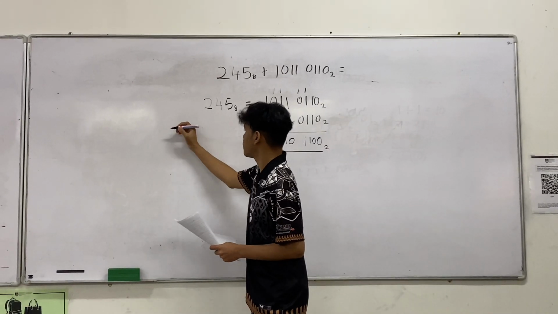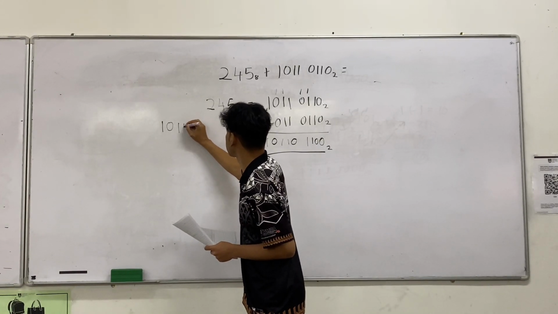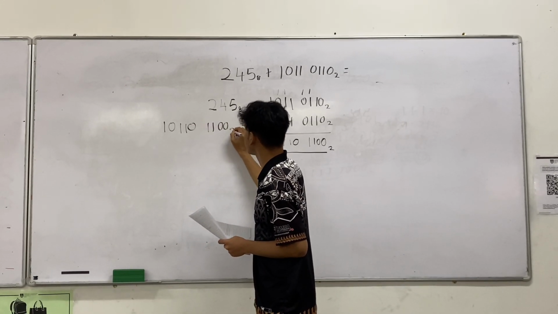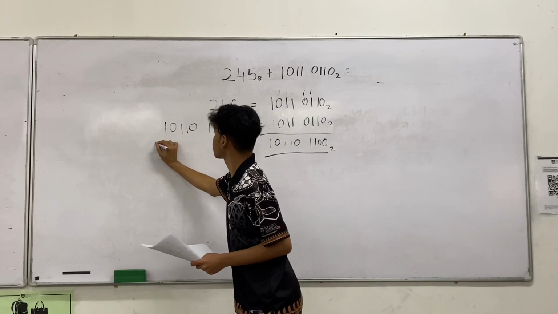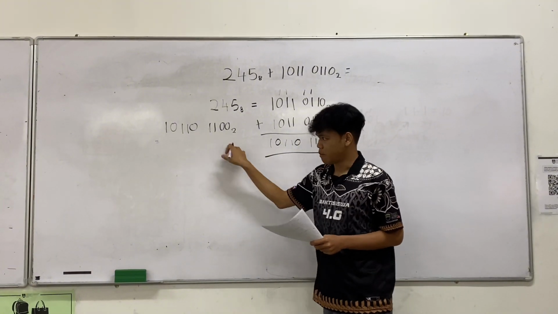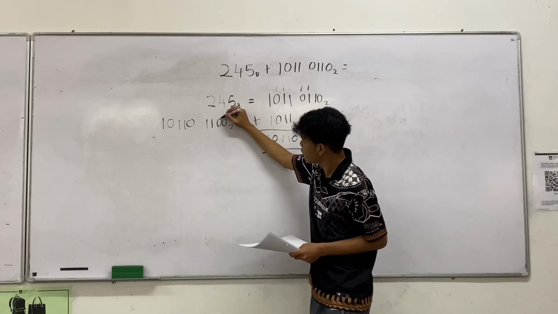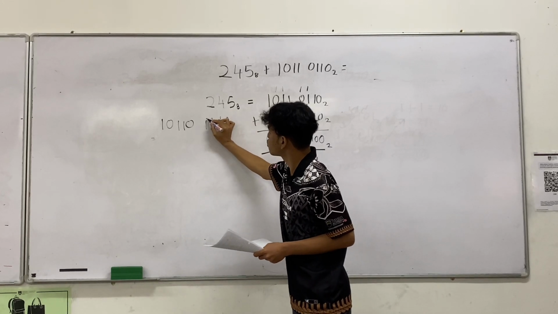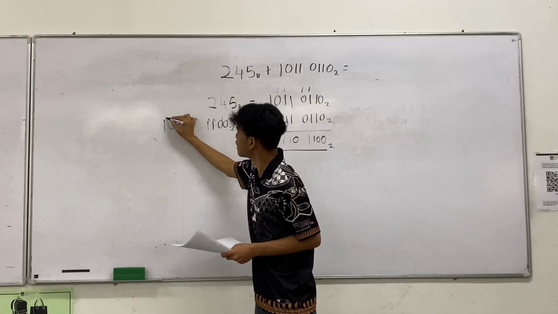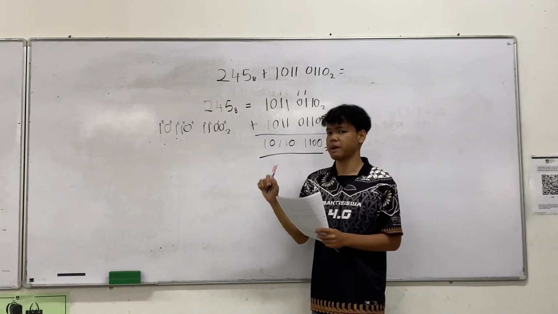So we must rewrite it. For each digit we put the powers starting from 0, 1, 2, 3, 4, 5, 6, 7, and 8. So for each digit we must multiply by 2 to the power of its position.